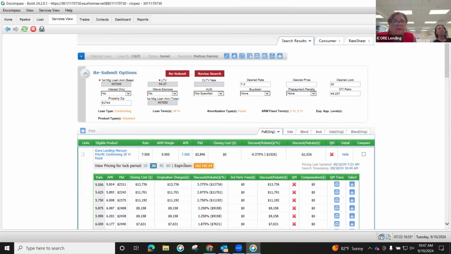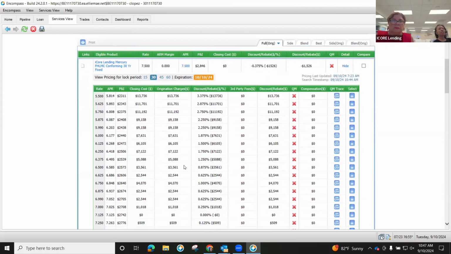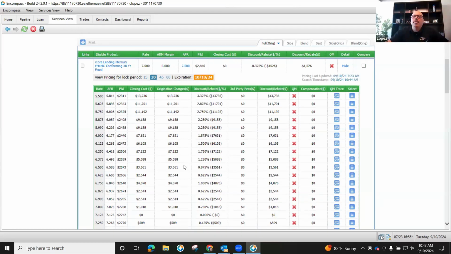I do have a question. QM section. When is it okay that there's a red X there? I thought it had to have a green check mark. Yeah, so that has to do with the QM. It's checking to see if it qualifies for the passing of fees.